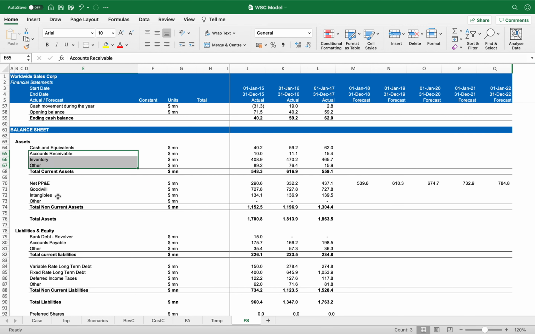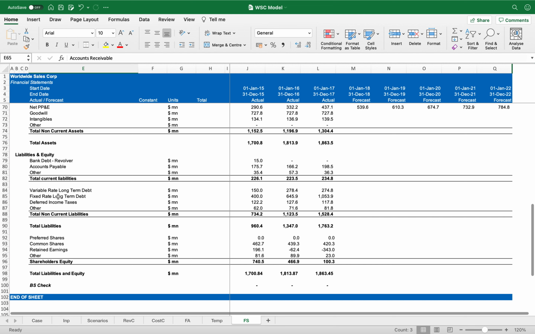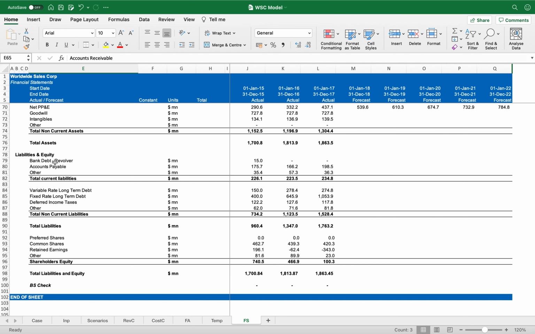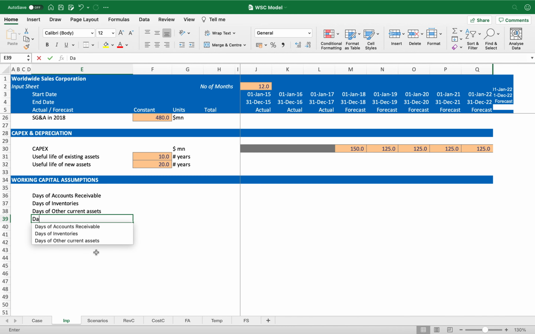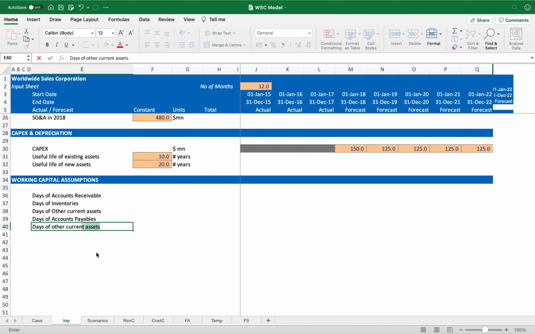No. Okay, let's look at current liabilities. Leave alone revolver. This is a part of debt. We'll come to debt computations. Apart from this, we have two types of current liabilities: accounts payable and other current liabilities. So let's say days of accounts payables and days of other current liabilities.